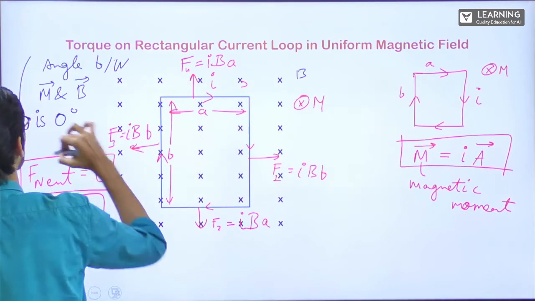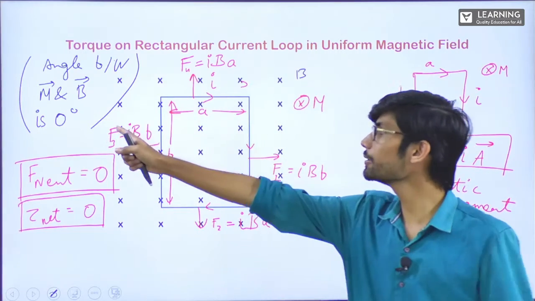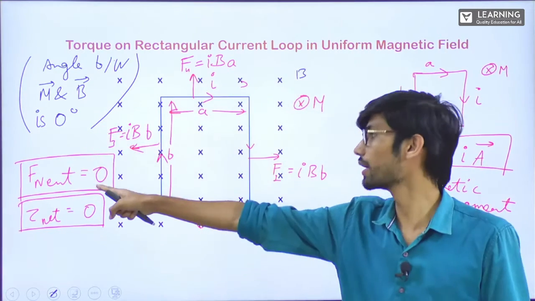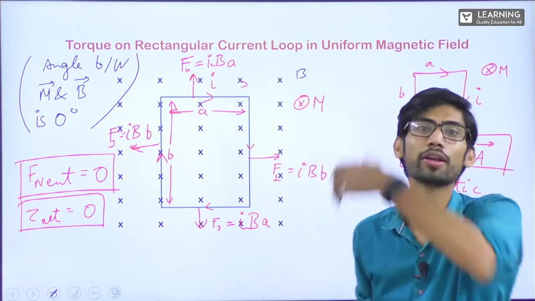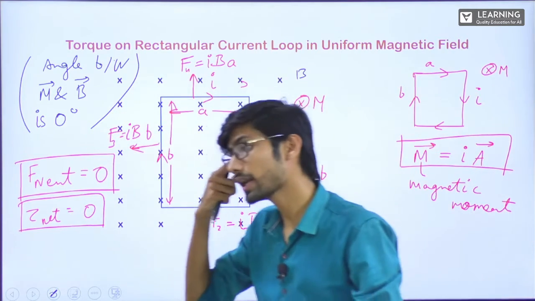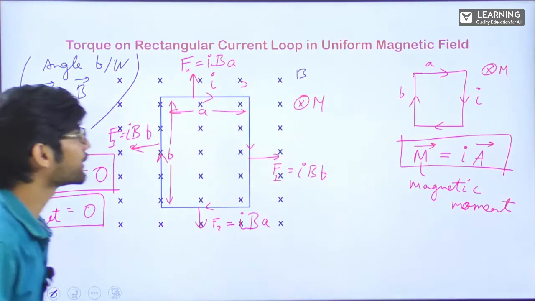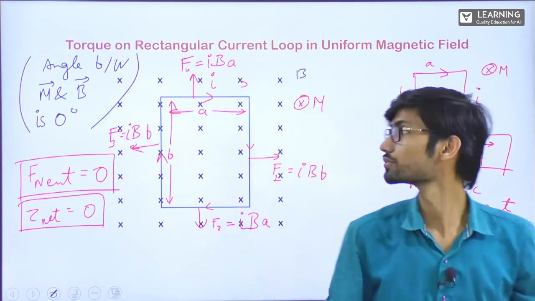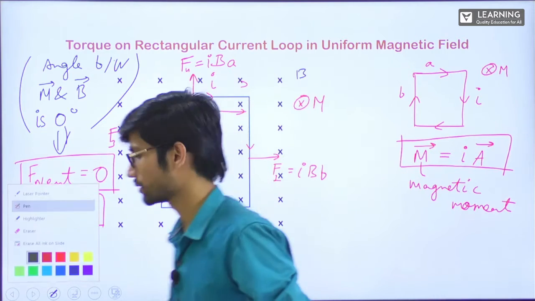This is the main thing. So if the angle between M vector and B vector is 0, then F net is 0 and tau net is 0. Remember this, very important. If the angle between M vector and B vector is 0, F net is 0 and tau net is 0. If this is there, then this. I'll make it properly.